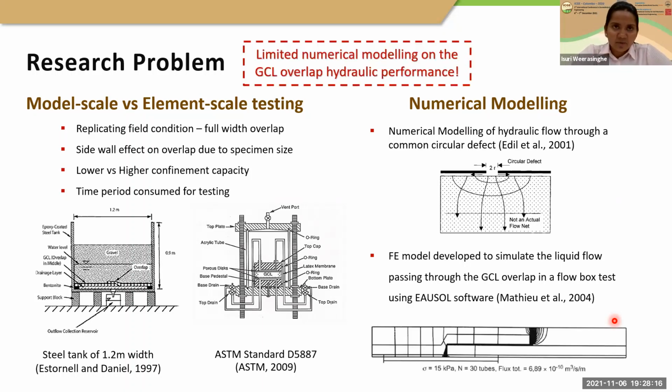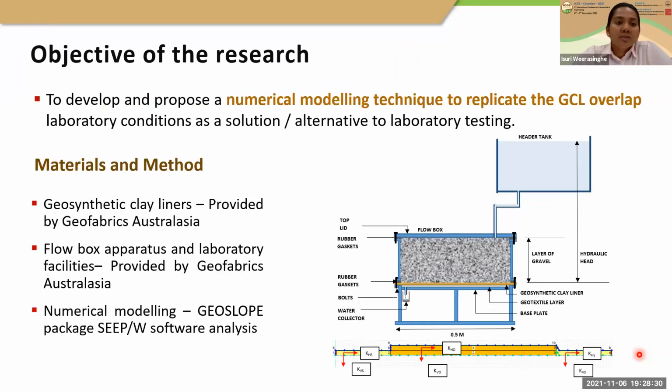However, further research wasn't conducted and none of these models were validated. So the limited numerical modeling on the GCL overlap hydraulic performance brought us to research further on this specific topic. So the objective of this research was to develop a numerical modeling technique to replicate the GCL overlap lab conditions as an alternative to long-term laboratory testing.